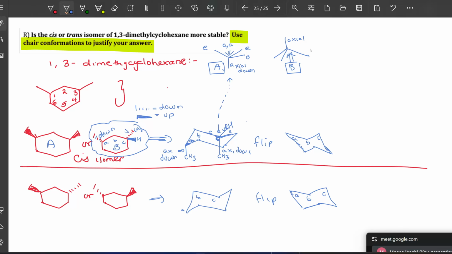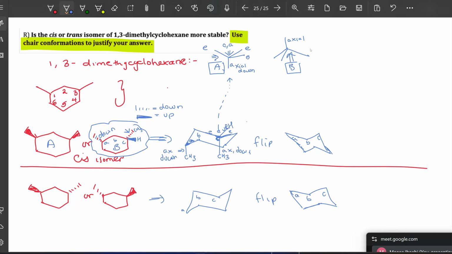Firstly, look at the molecule. The CH3 is a dash. What does dash mean? Dash means down, and the carbon on the chair is going down. Which of these bonds in case A is going down? Axial down. Yes. So anything you want to put down has to go axial down.